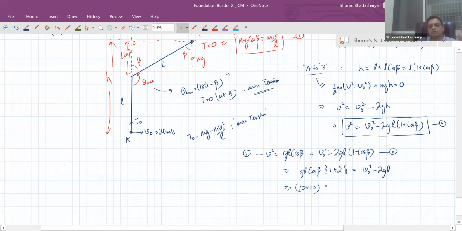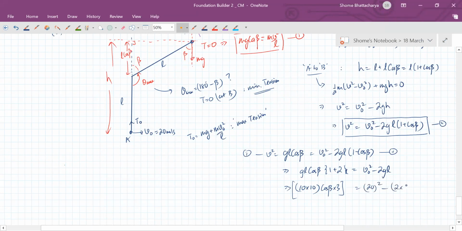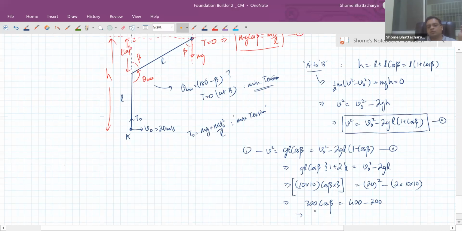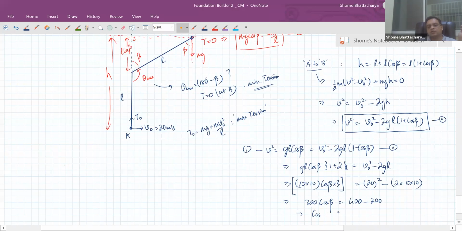Okay, so cos beta into 3 is becoming v naught square, which was how much now? 20 square, right? Minus 2gL. So 300 cos beta is coming out to be 400 minus 200. So cos beta is equal to 2 by 3, or we can say beta is cos inverse of 0.67.